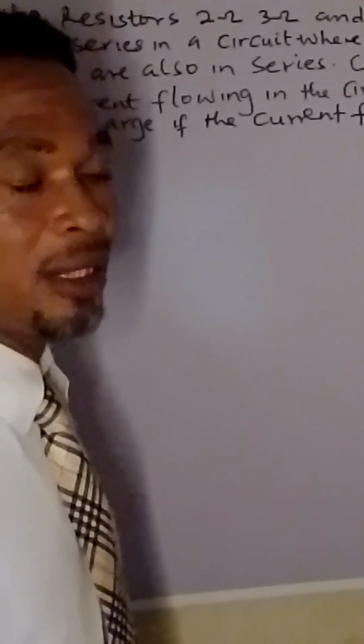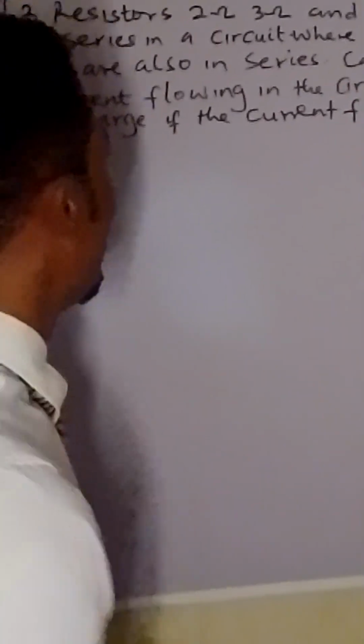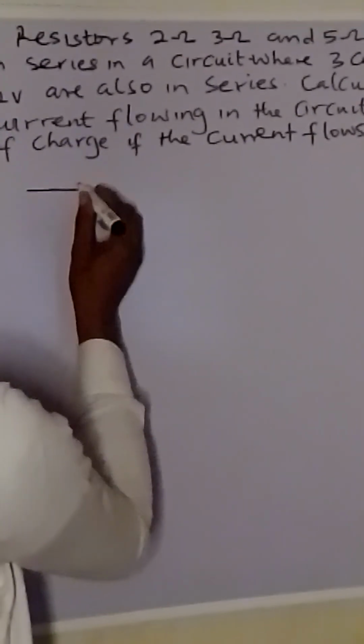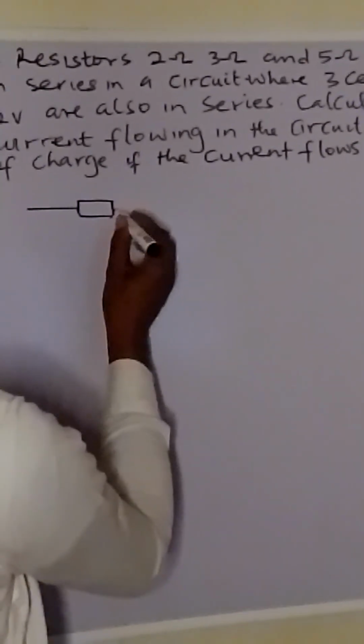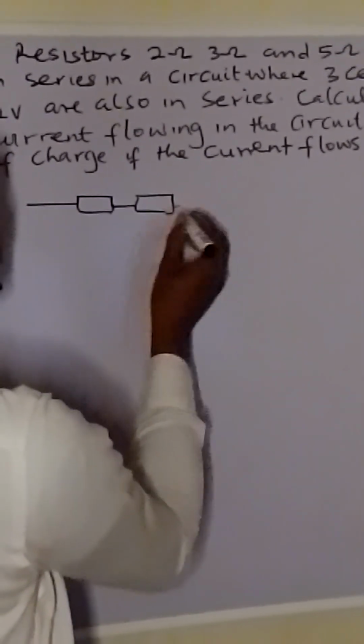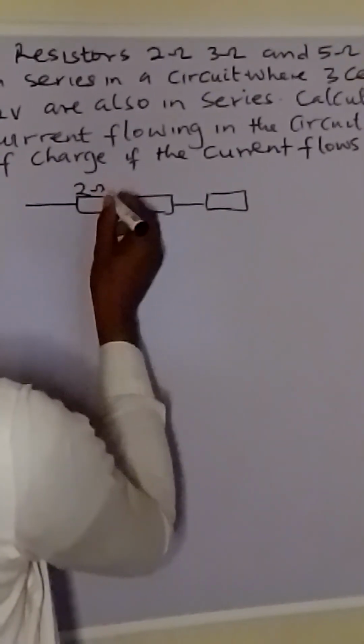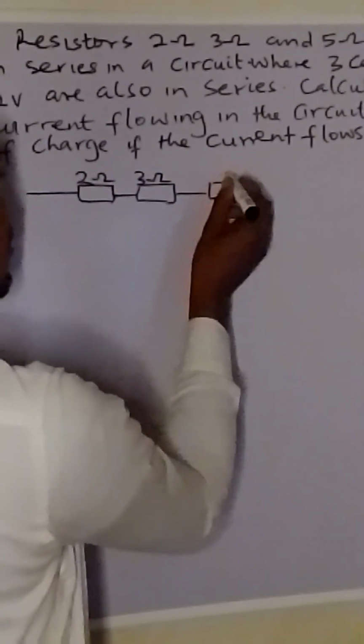Okay, the first thing to do is to show the circuit diagram. Picture the circuit diagram in your mind, and it is something like this. Two ohm, 3 ohm, 5 ohm.